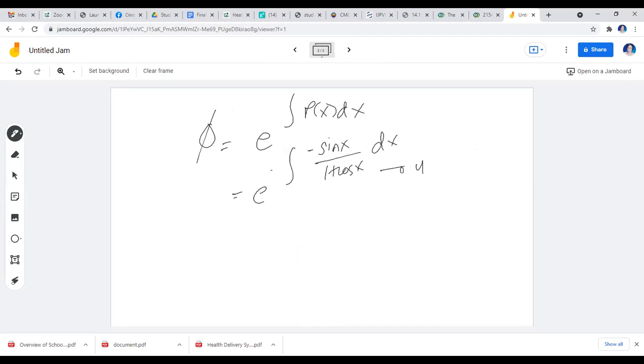So this should be negative. If that is the case, I will have something like this. My answer is e raised to negative ln of 1 plus the cosine of x. Why ln? Because you have du over u. So ln of 1 plus cosine x, and you have a negative here.